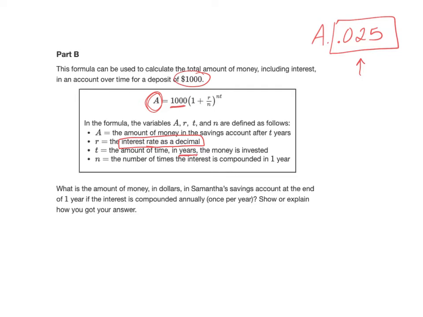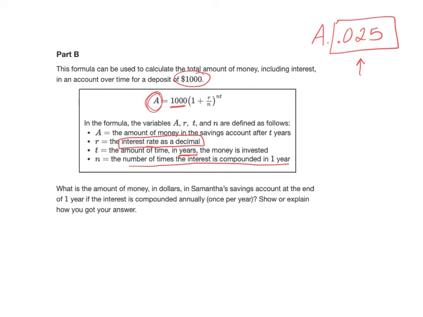And N represents the number of times the interest is compounded in 1 year. Now, it's not necessary for you to understand what compounded interest is, but essentially each different banking account has different rules and regulations. So some accounts will calculate interest once a year, twice a year, or quarterly, which is 4 times a year.